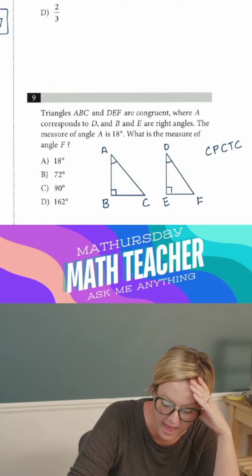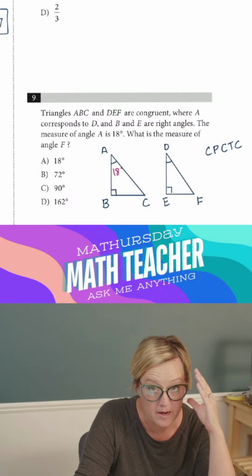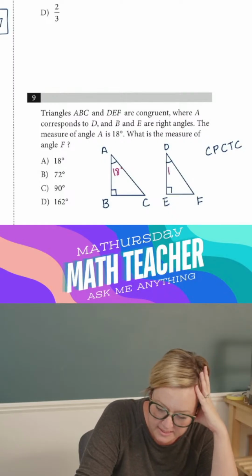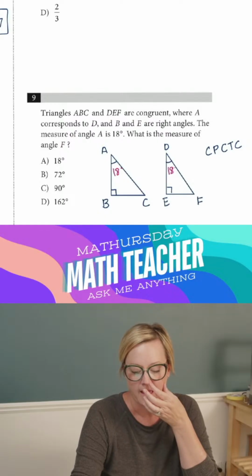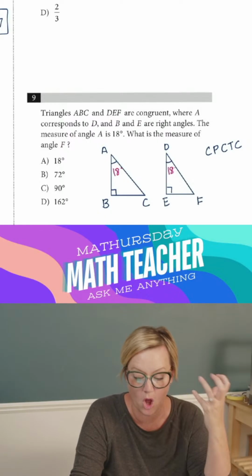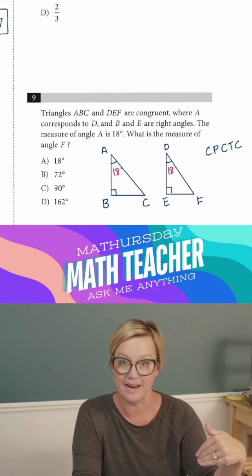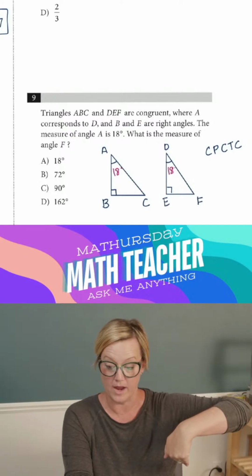So the measure of angle A is 18 degrees, which means the corresponding parts are congruent. That means that D is 18 degrees also. Now the reason they tell you that B and E are 90 is so you know that A and C need to add up to 90, and D and F need to add up to 90, because all triangles add up to 180.